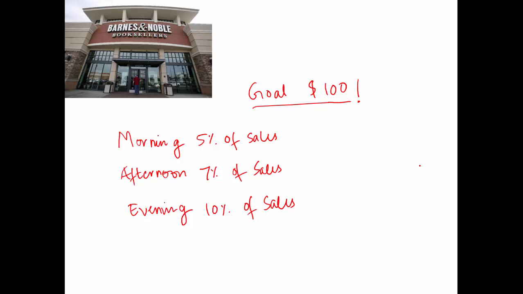And since you want to make $100 in a day, you decide to work all 3 shifts. Let's say in the morning you sold $200 worth of supplies. In the afternoon, you had a big crowd and you sold $500 worth of supplies. In the evening, you forgot to keep track of your total sales, so you don't know how much you made in the evening.